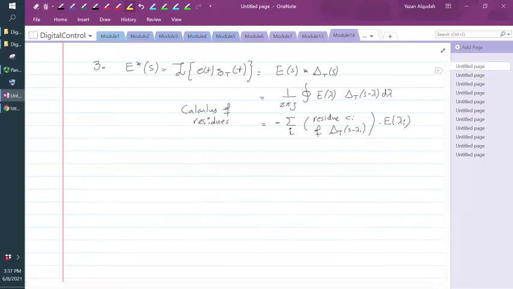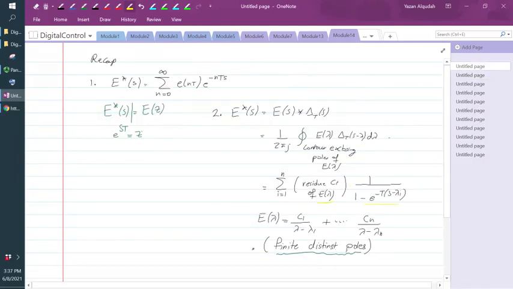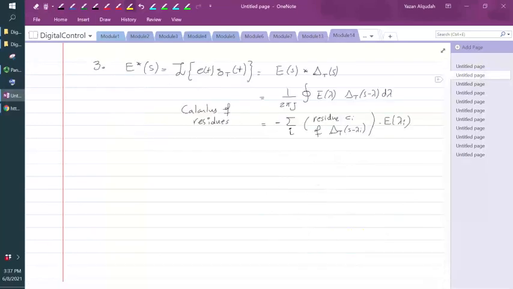In the previous one, I took the poles of E of lambda to calculate this integration, and we said this is the expression for E star of S. In the third expression, I'm going to take the poles of delta of S minus lambda.